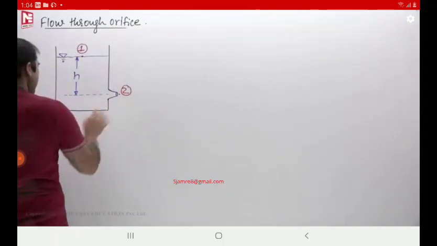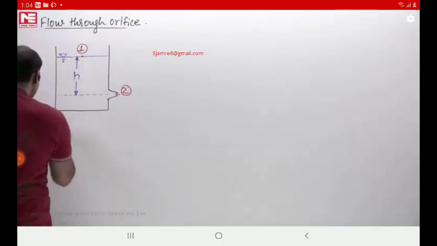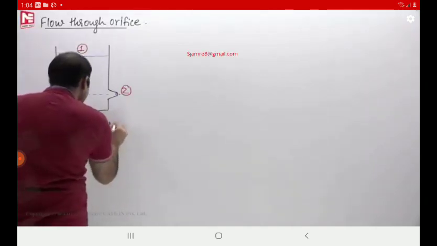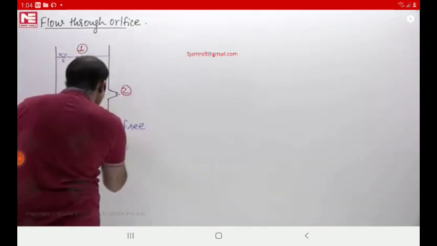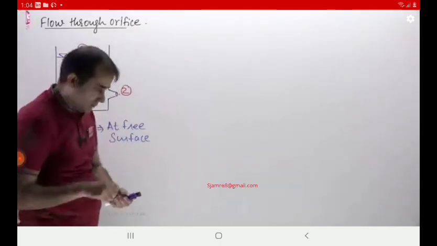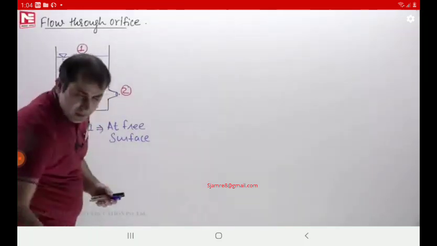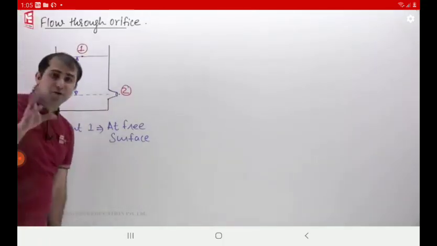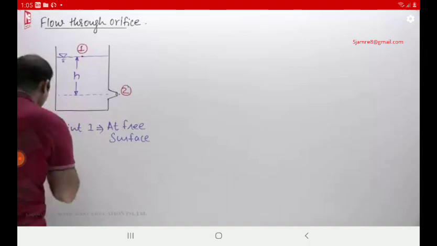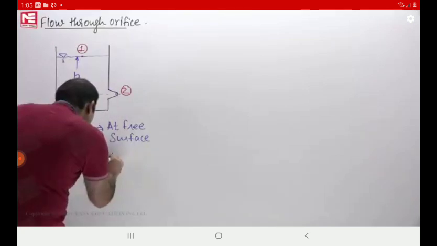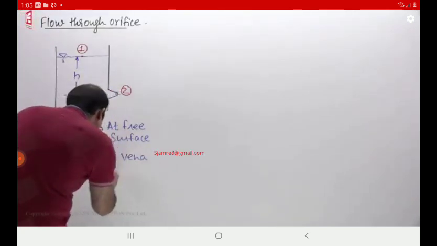This is point 1, at the free surface. And the next point is point 2, at vena contracta.